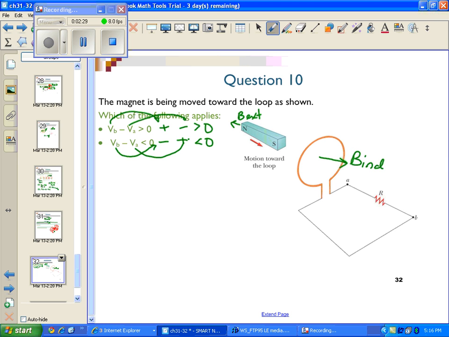In other words, this would be the north of the induced, and of course that means that this is the south of the induced. Notice south to south, which obviously implies that there is a repulsion here to try to prevent this external magnet from getting any closer to the loop.